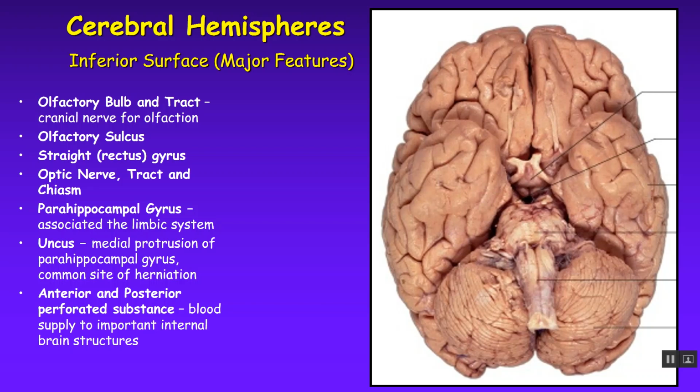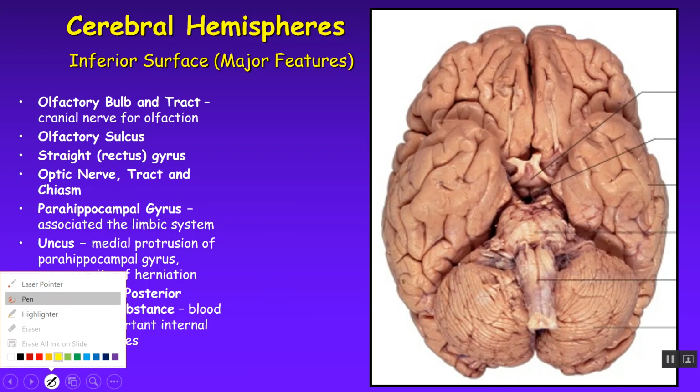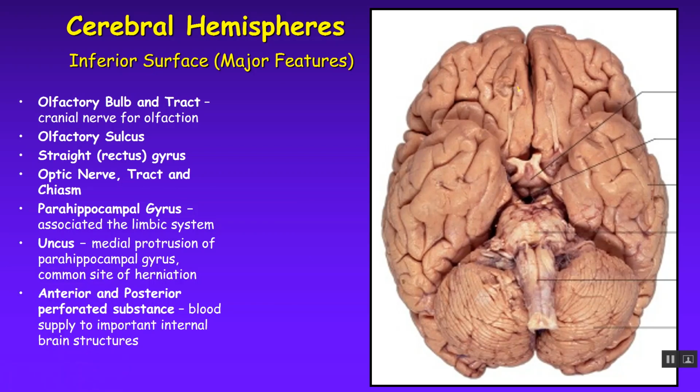So the bulbs are right here. Those little structures right there. You might be able to see the lines there. It's kind of hard to see in this picture, and this one's kind of damaged a little bit on this side, but right there's the bulb. This is the bulb here. You might on your specimens still have this olfactory bulb.